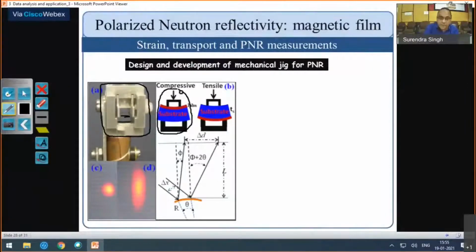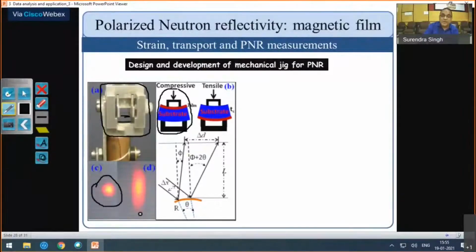And when we flip our sample on this mechanical jig, now the film is down and we bend the substrate that way. Then we are applying a tensile strain, and using this we can get how much strain we have applied. If you see here, this is the laser beam reflected from the film when there is no bending.